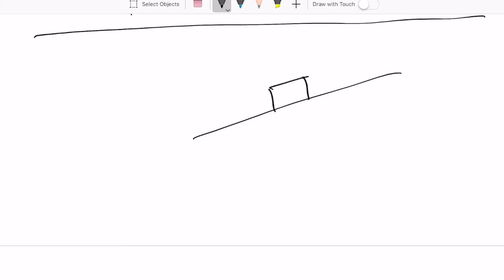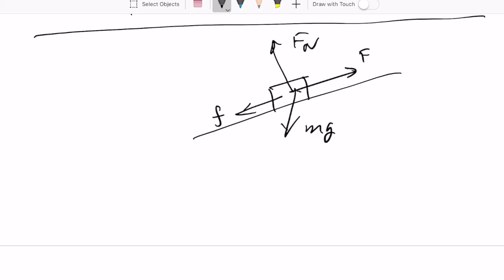So maybe it's a little cart or something, or a box. And there's an external force acting. You're pushing on the box upwards. So that's one force. There is a force of friction in the opposite direction. There is a normal force this direction. There is gravity. So there's many different forces acting on the object.